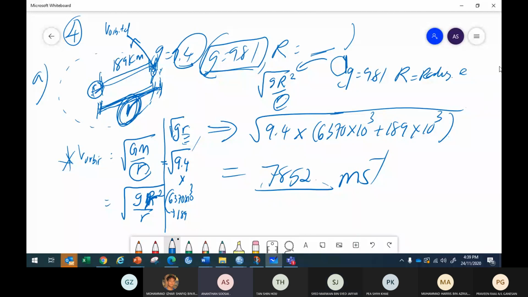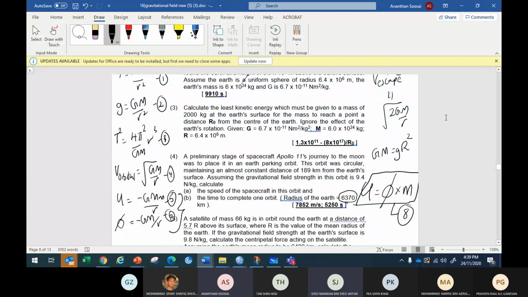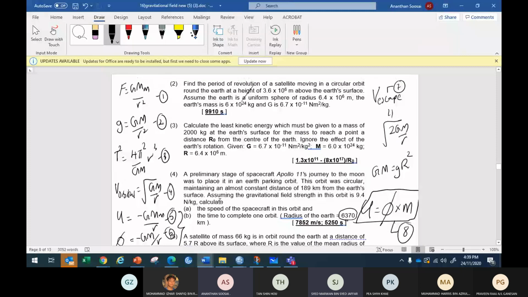Okay, so let's move on to part B. Guys, come on, give a try. Try to figure out which formula. How do you go about it? Okay, I scroll down again. Part B. Three minutes for you. Get the 5250 seconds. Which formula do you think is suitable?